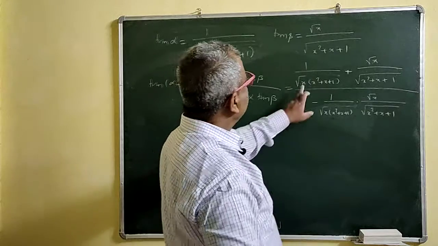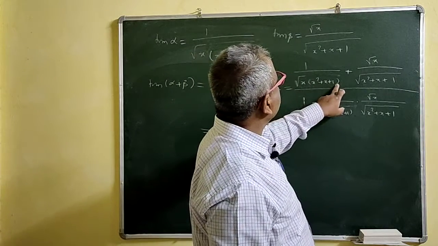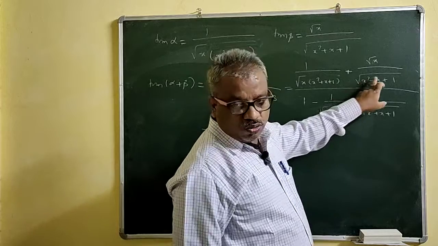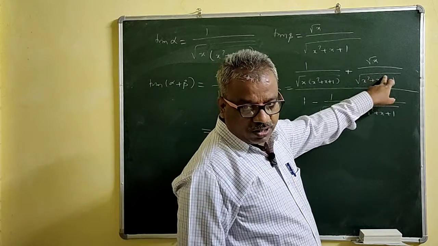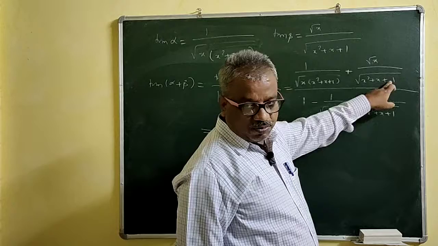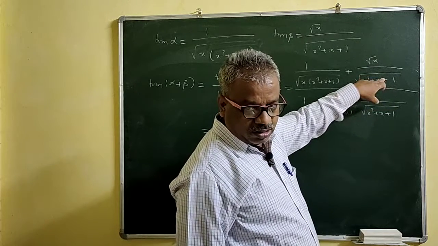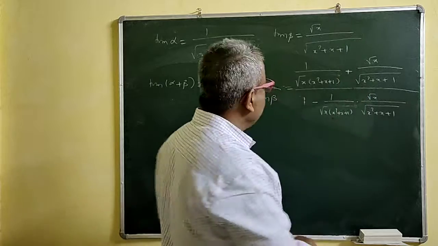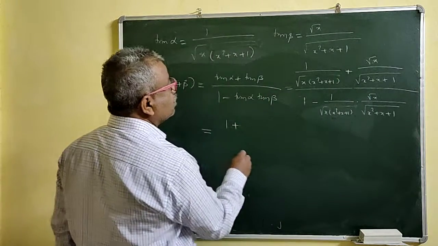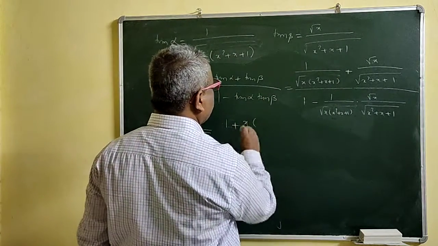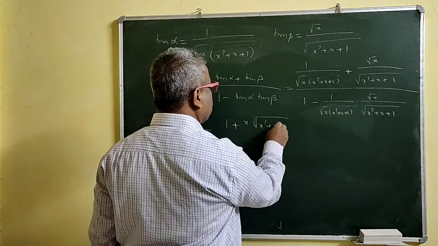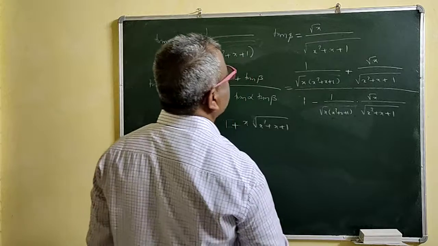Okay, so what do we have to do now? Your root x into x square plus 1. If you want to make this, what do we have to multiply? Root of x square plus x plus 1, you have to multiply and divide by this, so that it becomes this one. Again root x you have to multiply. What will your numerator be then? 1 plus x into root of x square plus x plus 1, then your numerator will be.